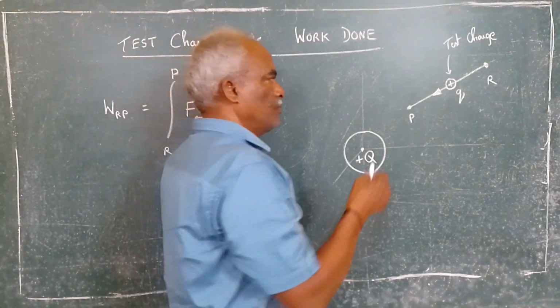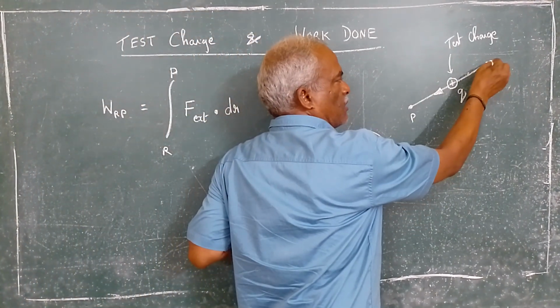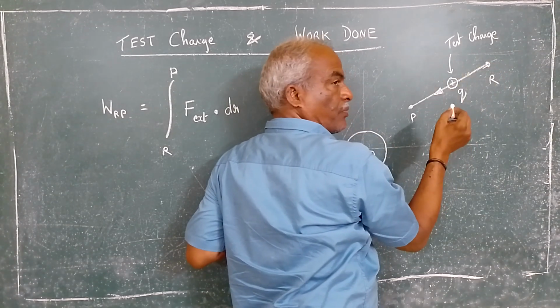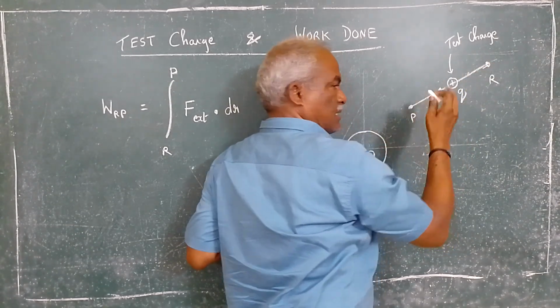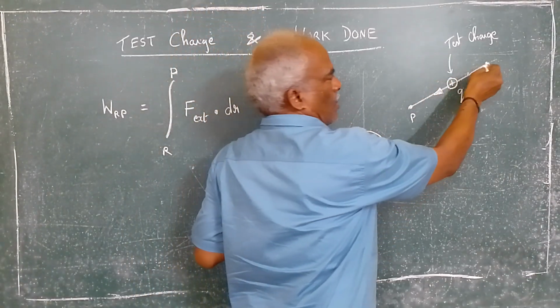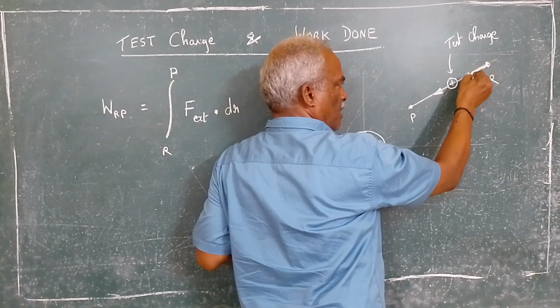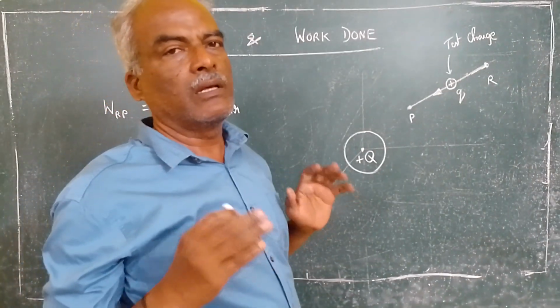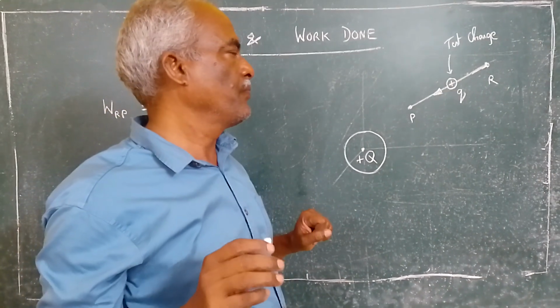Now this test charge, initially it was here and it is trying to move. So there is a small repulsive force. Now once again, if you start proceeding towards this plus Q, there will be a greater repulsive force.